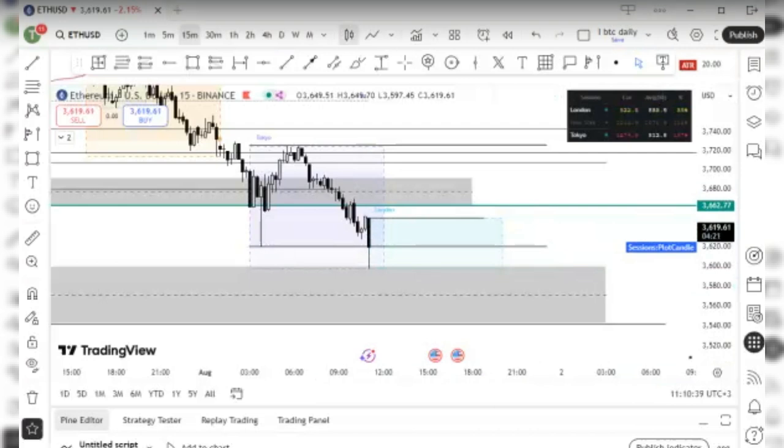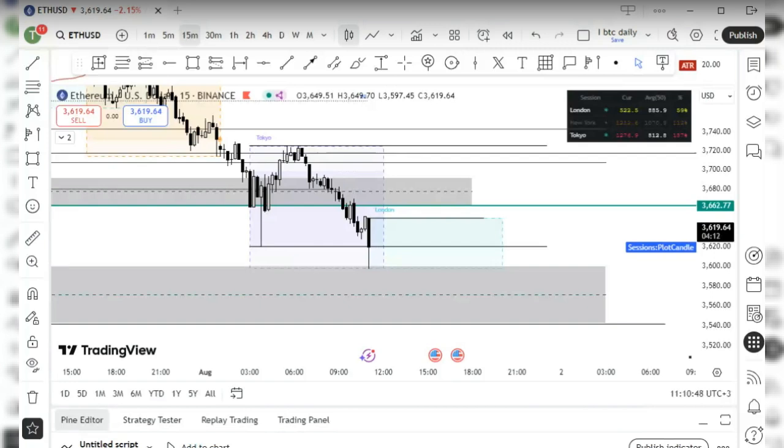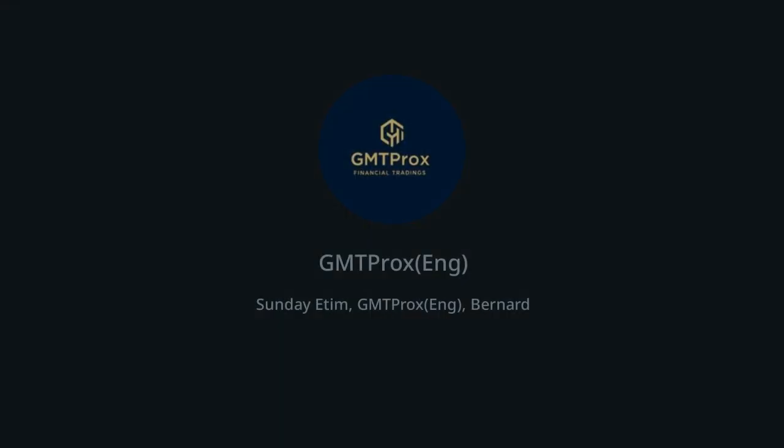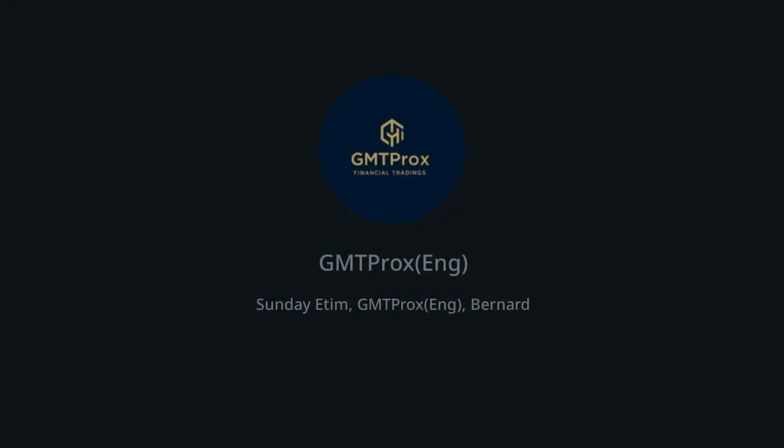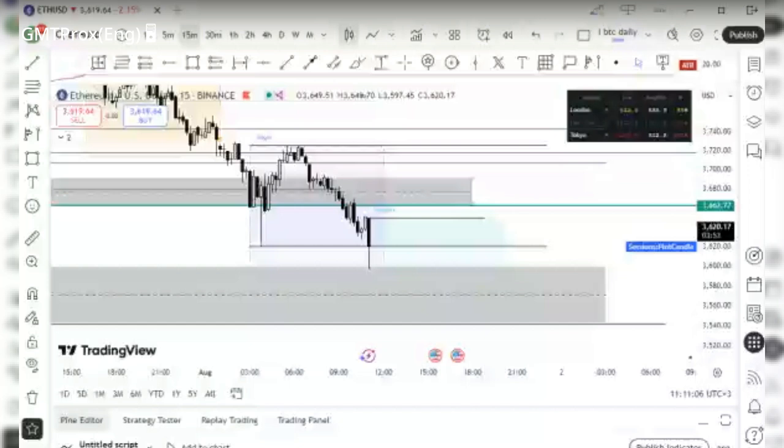So we say that for a distribution, look for a confirmation. Look for a 30 candle that manages to close above the high of the candlestick that initially grabbed the liquidity, or indicates a strong change in market structure on the lower time frame.